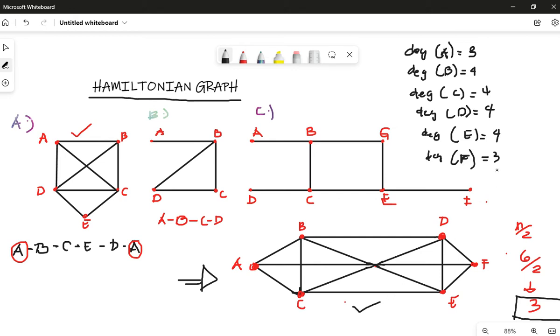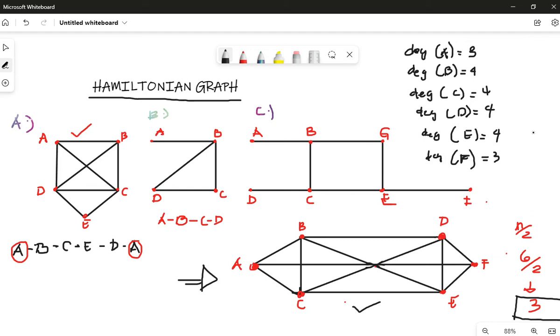So all you have to remember, if a graph is a connected graph with at least 3 vertices, you just count the number of vertices the graph contains, then divide it by 2. The result will be the minimum degree of each vertex.